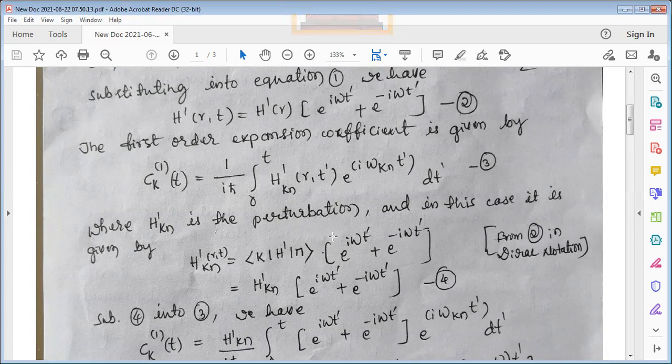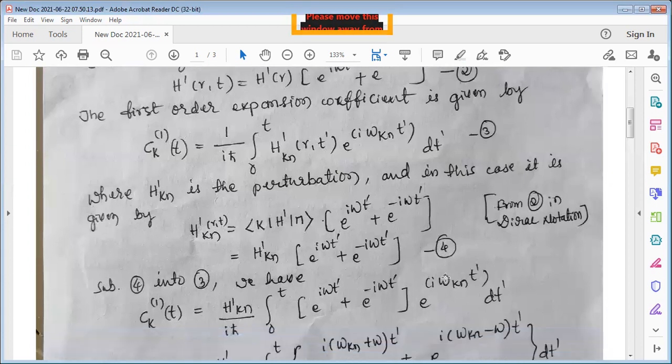This matrix element I am writing in further short form as H dash kn, multiplied by e raised to i omega t dash plus e raised to minus i omega t dash. So this is the perturbation term in equation 3. Substitute this perturbation term into equation 3.